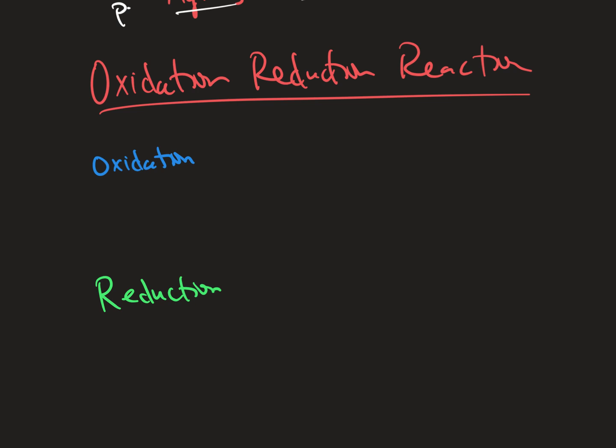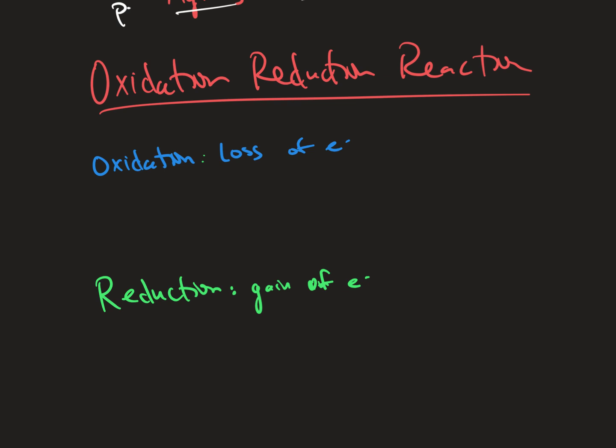Gain electrons is reduction? Come on, right? But that's what it is. But now let's make sense of it. Let's try to connect it to something in our brains. So reduction is a gain of electrons, and oxidation is a loss of electrons.